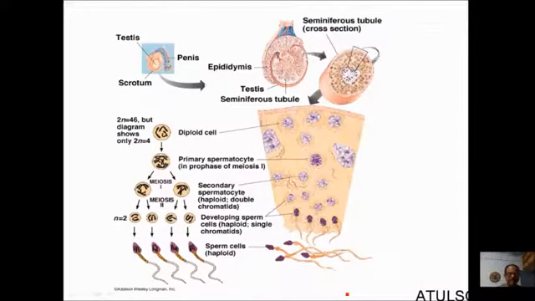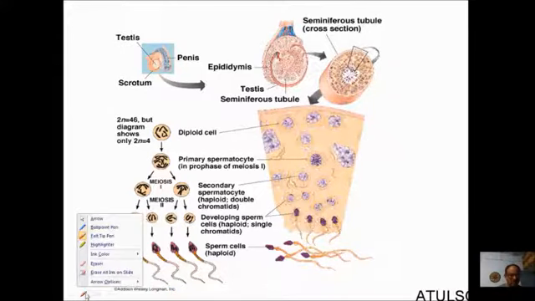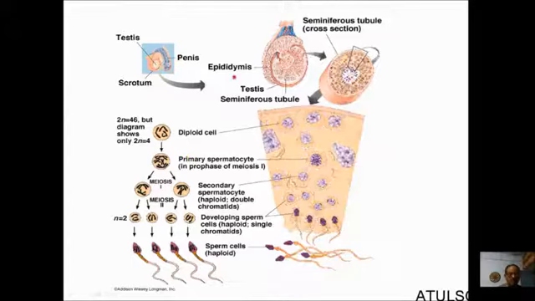This is also one diagram that clearly shows how and where spermatogenesis is taking place. If you see, this is a testis and the scrotum, then we have the seminiferous tubule. When we see the cross section, first all the cells are diploid. Some of them differentiate and form primary spermatocyte.